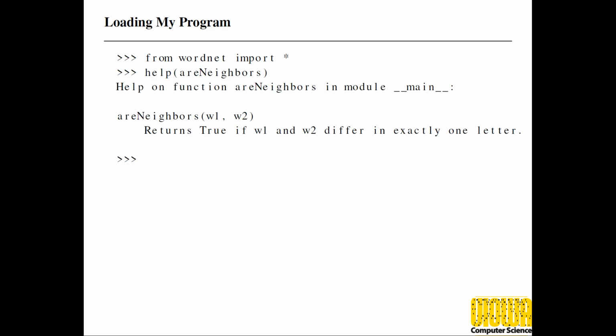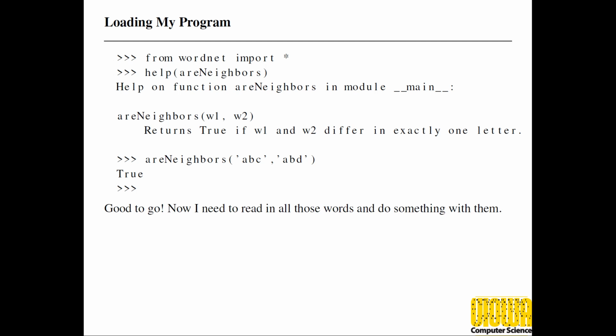I can do help(ourNeighbors) like I've shown you before. That tells me that ourNeighbors is in fact imported into Python and is available at the top level. I'm ready to go. So let's read in some words and see what we can do with those actual words from my word list.